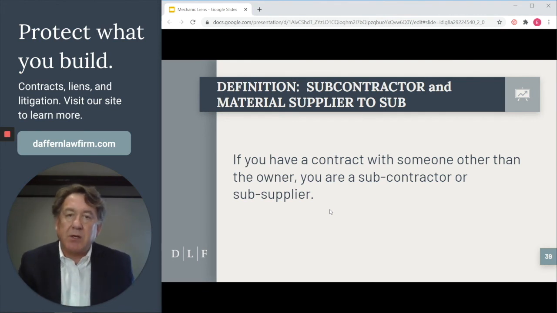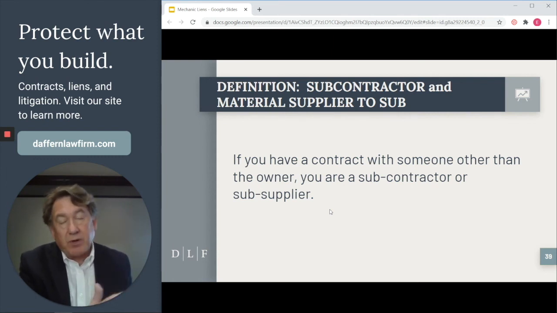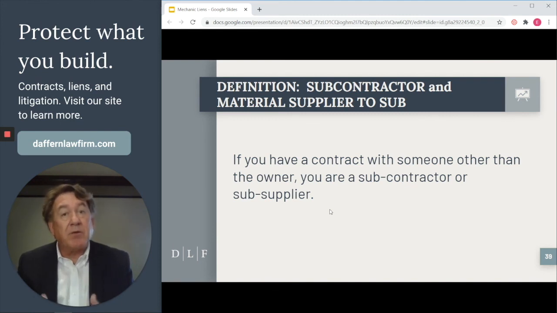As a subcontractor or sub-material supplier, you have another time limit to file your mechanic lien or send out a pre-lien notice if you're required to. So it's absolutely critical to understand who or where you are in the hierarchy of this project so that you can use the information from your checklist to prepare the correct documents.